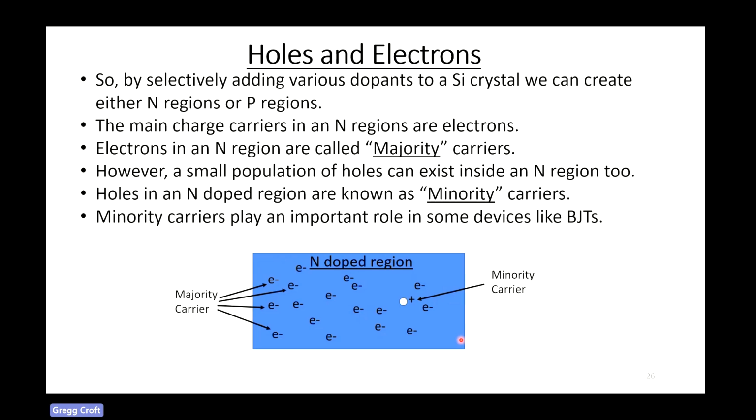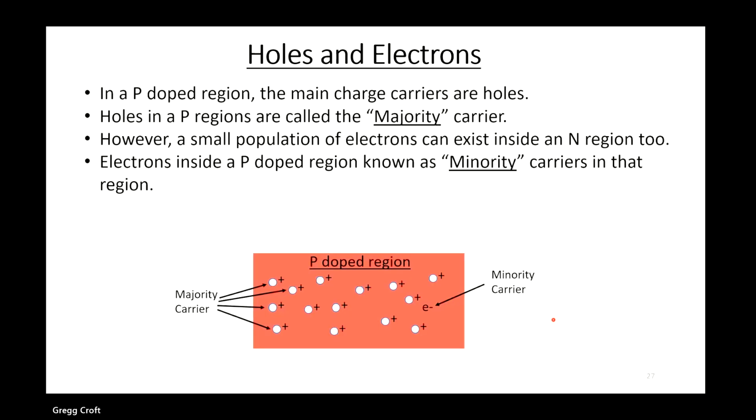Minority carriers play an important role in some devices, like bipolar junction transistors. Unfortunately, I'm not going to get to talk about that today because of time limitations. Just be aware that sometimes minority carriers become important. Likewise, in a p-doped region, the majority charge carriers are holes. So you're going to have a lot of holes, and in a p-doped region, the minority carrier is electrons.